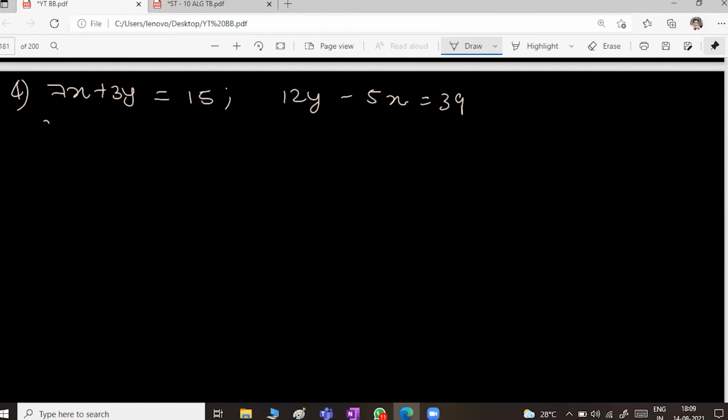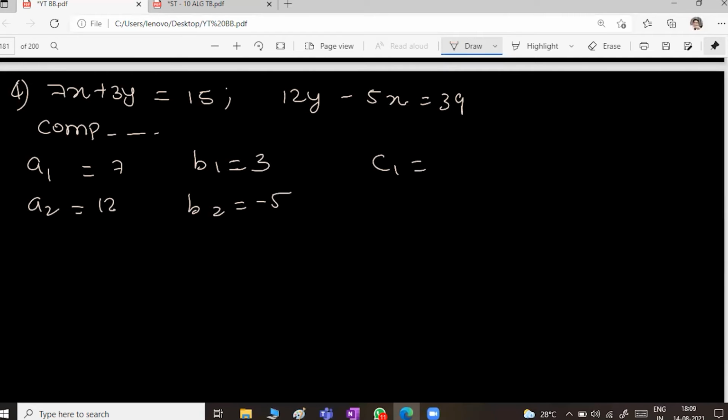Compare करो. A1 is equal to 7, A2 is 12. B1 is equal to 3. B2 is equal to -5. C1 is equal to 15 and C2 is equal to 39.